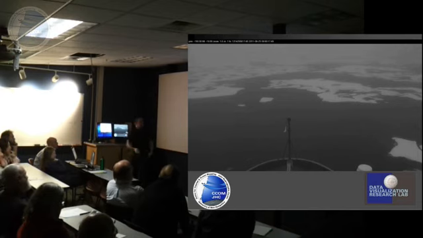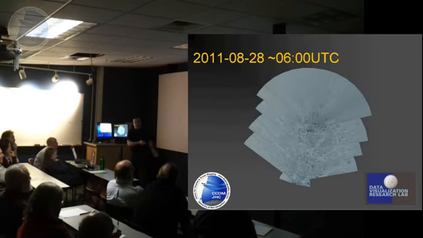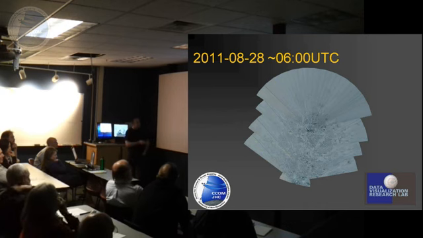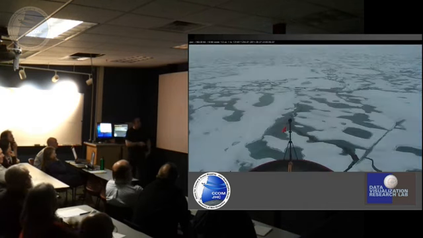So sometimes there are other factors that I can't really control that come into play to prevent me from going out like a kilometer in each direction. But we can still get some data out of it. Here's just an example of ice that looks different from what we saw earlier. So this is the map that was created, and this is what it looked like looking out the window.